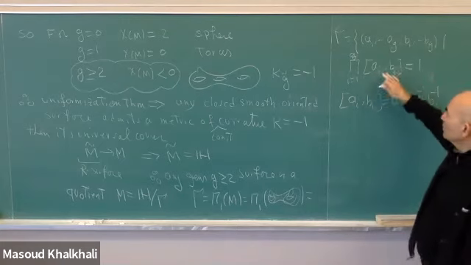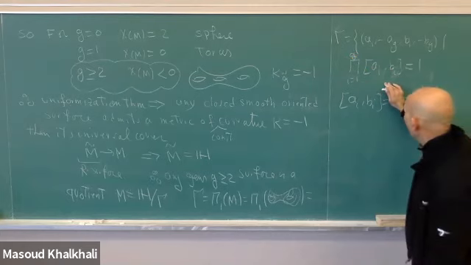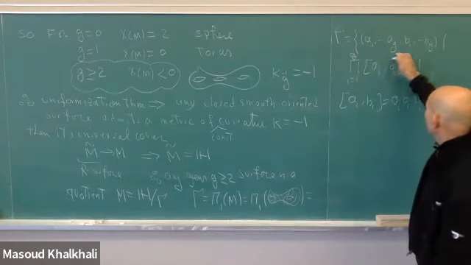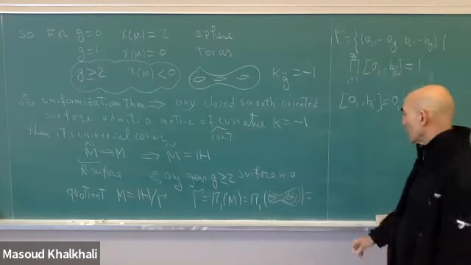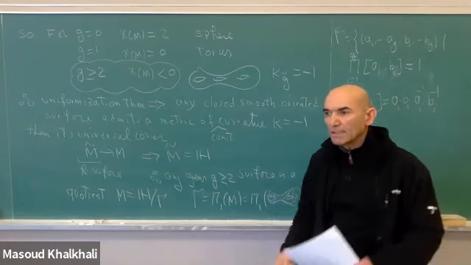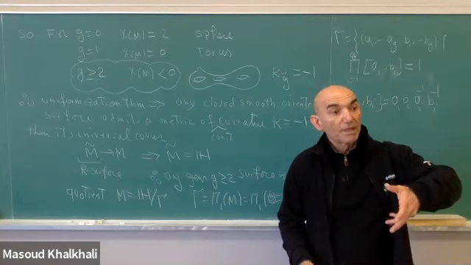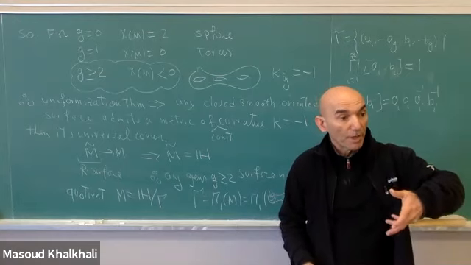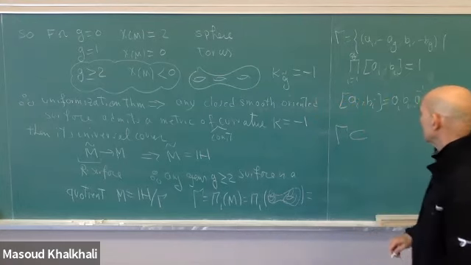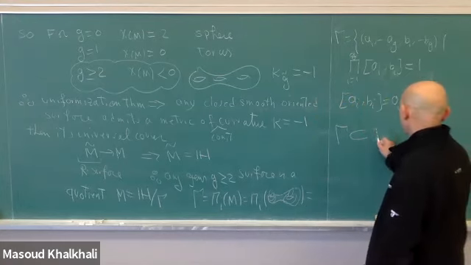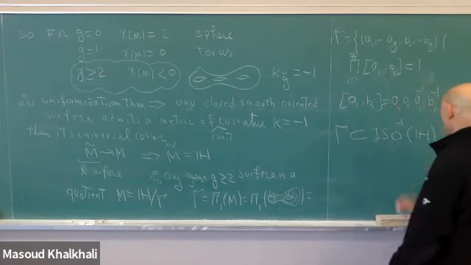So this fundamental group has a presentation with 2g generators and one relation, which is this one. Okay, so this gamma now is a subgroup of the group of orientation preserving isometries of the upper half plane, right? But that group, we know what it is. This is a subgroup of isometries of the upper half plane.